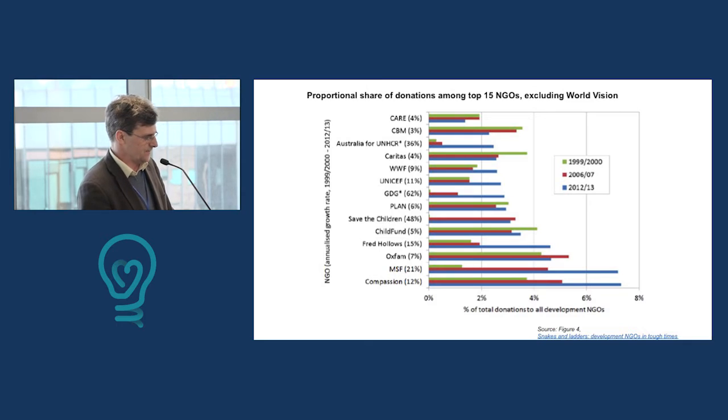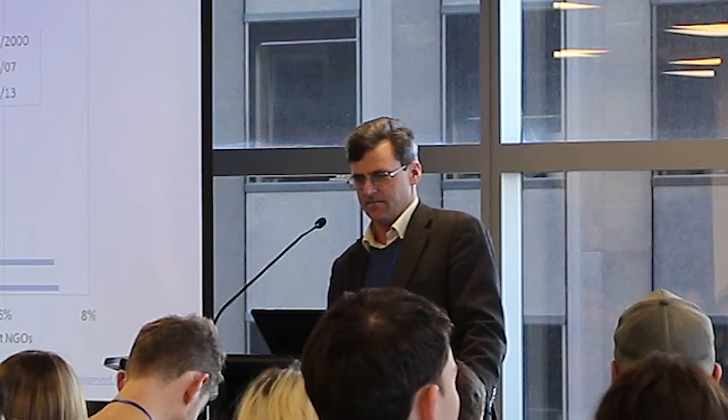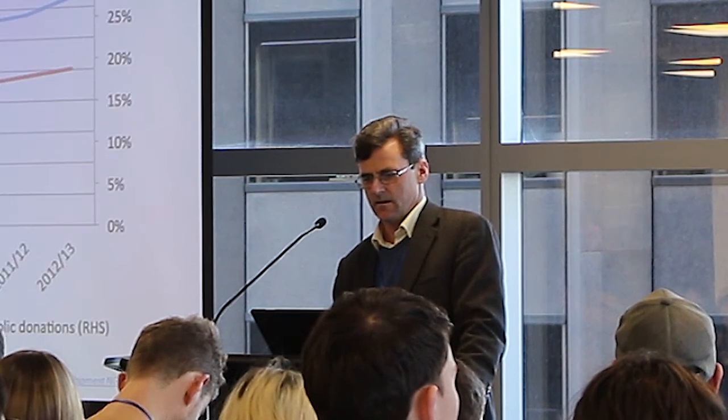That's been very successful. Oxfam is next in line. Then Fred Hollows and Child Fund. There's a whole range of these. I'm not sure exactly what you conclude from this, but I think the ones who are really growing either have a strong church base like Compassion, or they have a very simple message to sell, like MSF and Fred Hollows.